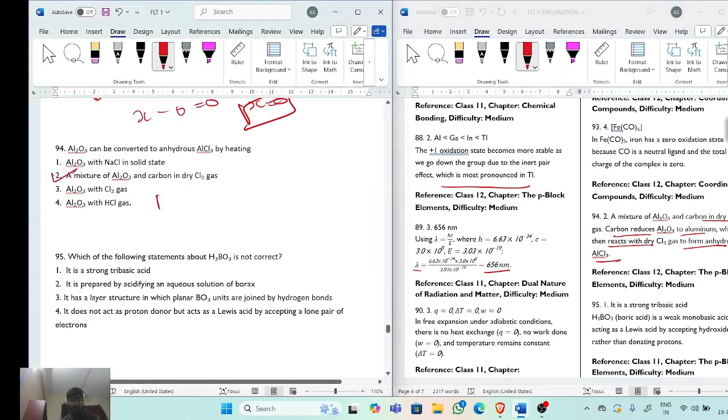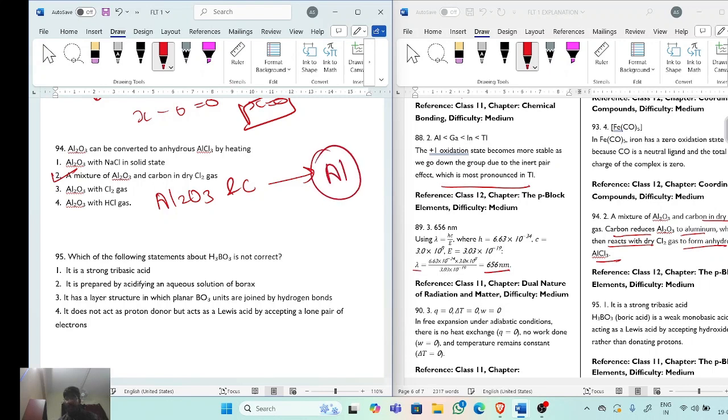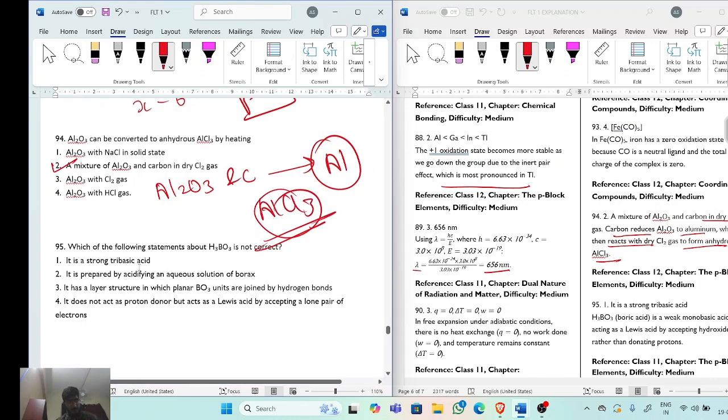First of all, a mixture of Al2O3 and carbon in dry Cl2 gas: carbon will reduce Al2O3 to aluminium. Then in dry chlorine gas, it can form anhydrous AlCl3. So option number 2 is our correct answer.